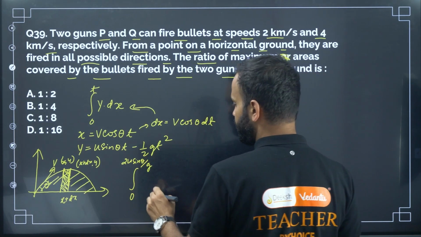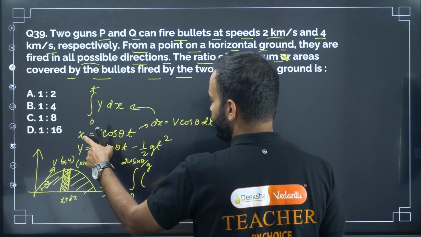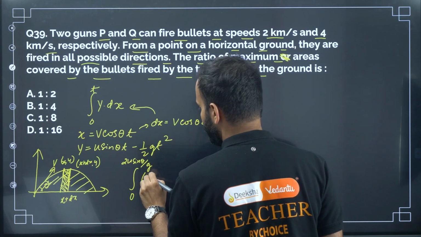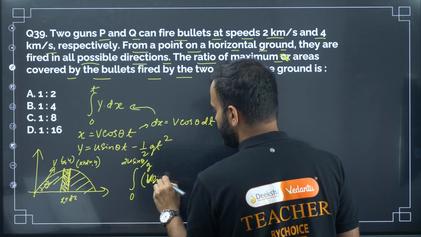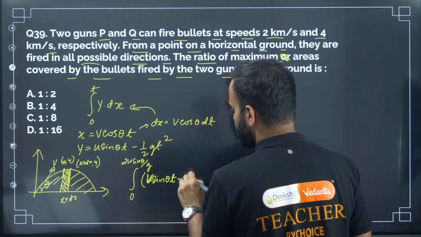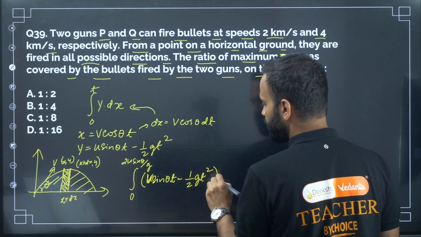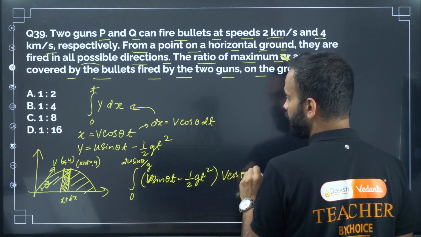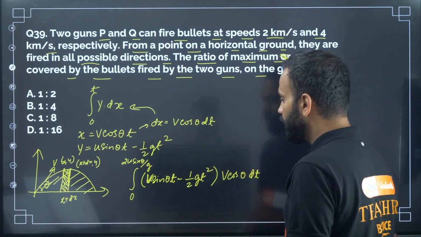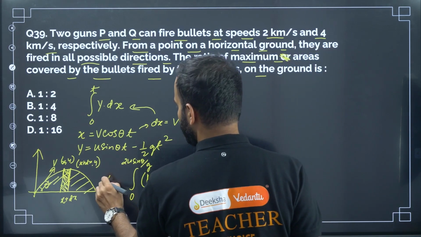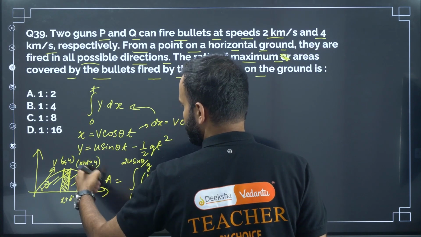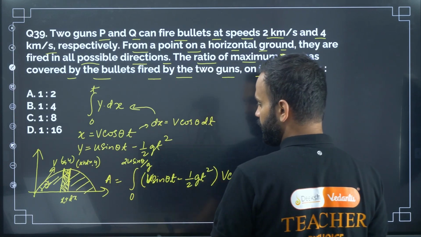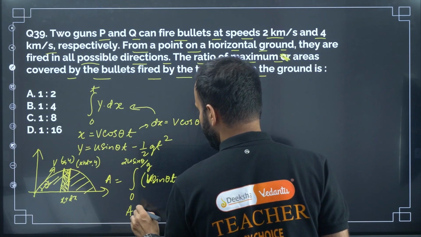So integration from 0 to T of y into dx, where y is v sin theta into t minus half g t square, and dx is v cos theta into dt. Okay, so now integrate this. This is the area under this trajectory, right? So now solve this. You will get A in terms of theta.